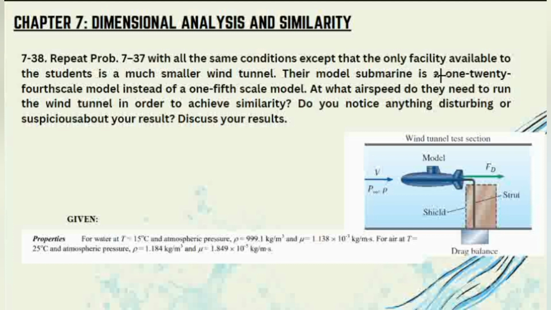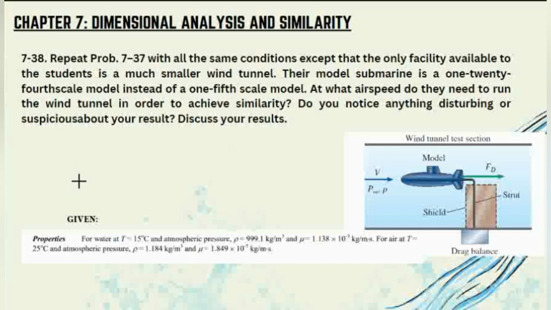Their model submarine is a 1/24th scale model instead of a 1/5 scale model. At what airspeed do they need to run the wind tunnel in order to achieve similarity? Do you notice anything disturbing or suspicious about your result? Discuss your result.